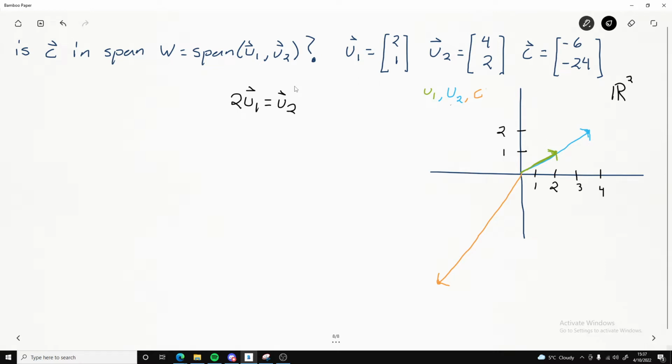So they're on the same line, which means that, let's say we want to achieve C, which is all the way right down here. This is C. The orange line is C. And so if we want to achieve C, how would we do that with the span of u1 and u2, right? Because u1 and u2 is just a line.